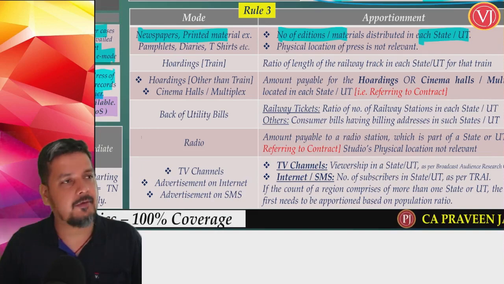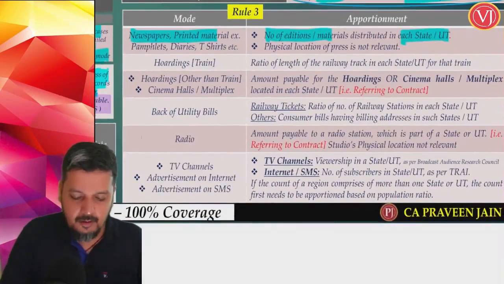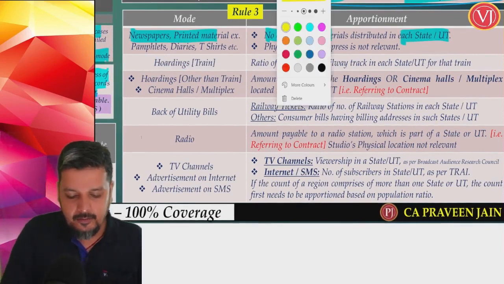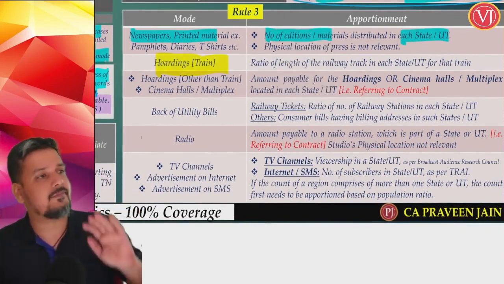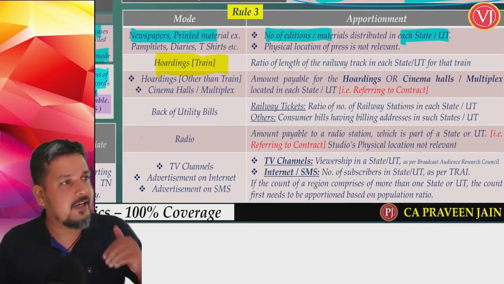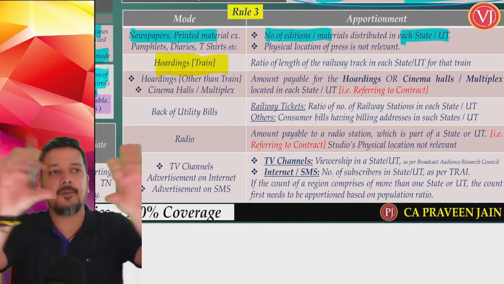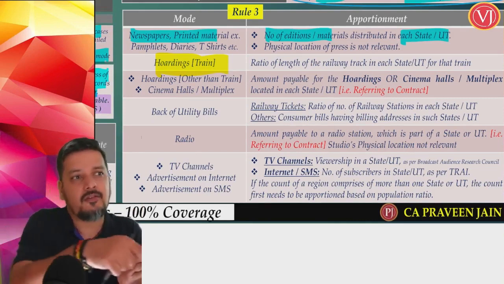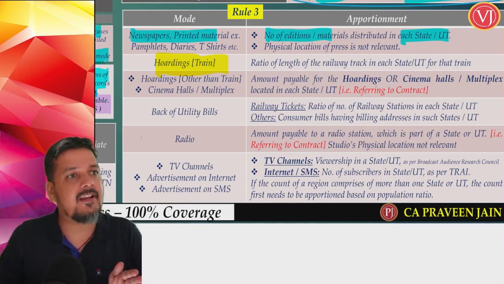I'll take another example. Say, for example, the advertisement by the Tamil Nadu government is by putting the advertisement on a train. A train which is starting from Tamil Nadu and ending at Delhi. Advertisements are printed on the train. Don't you think that advertisement will reach multiple states? What is the place of supply?